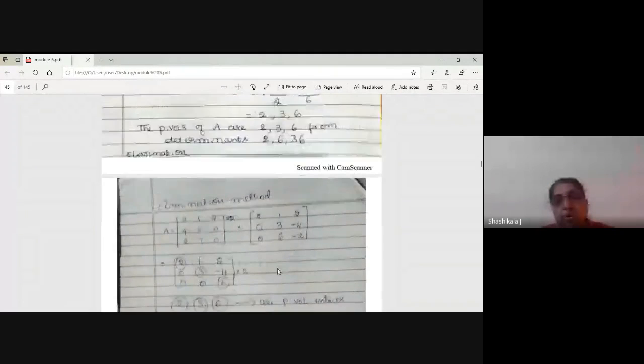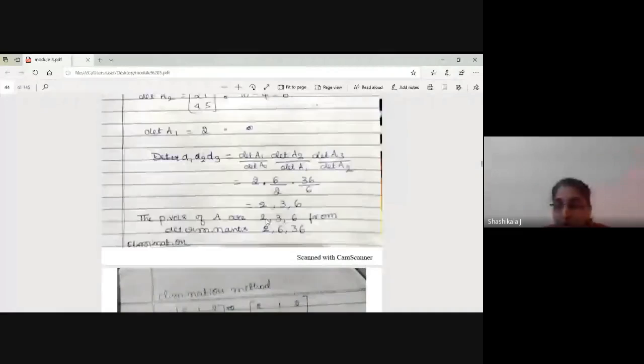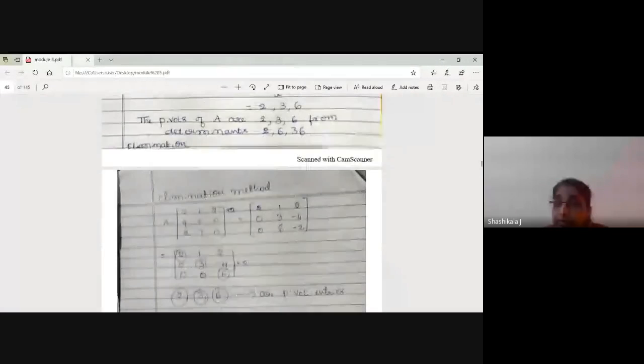Again 2, 3, 6 are the pivot entries. Here again I am getting the same 2, 3, 6. Understood this one? If you have not understood, please let me know. Write in the chat box, please write N. I hope you have understood this.